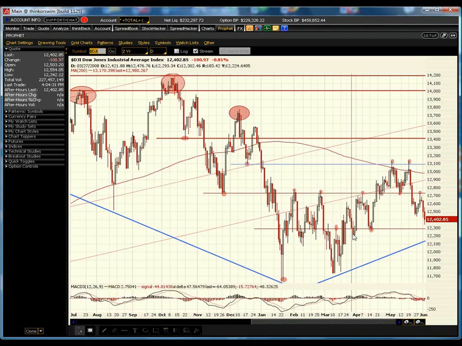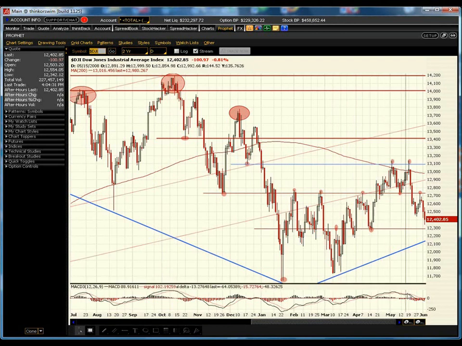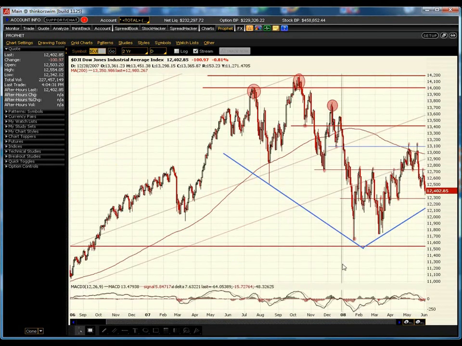Let's talk about cycles for a second. Why do prices rise and then fall, rise and then fall, rise and then fall? I mean, why do they do that in the first place? Well, of course, the smart aleck answer is that there's more buyers than sellers when they're going up, and there's more sellers than buyers when they're going down.